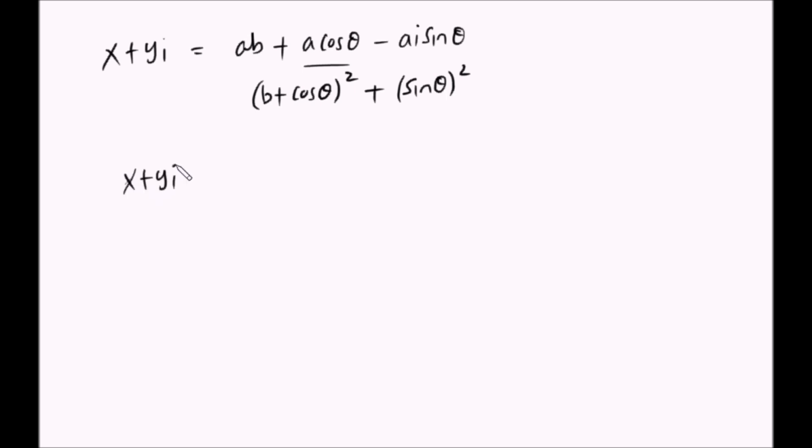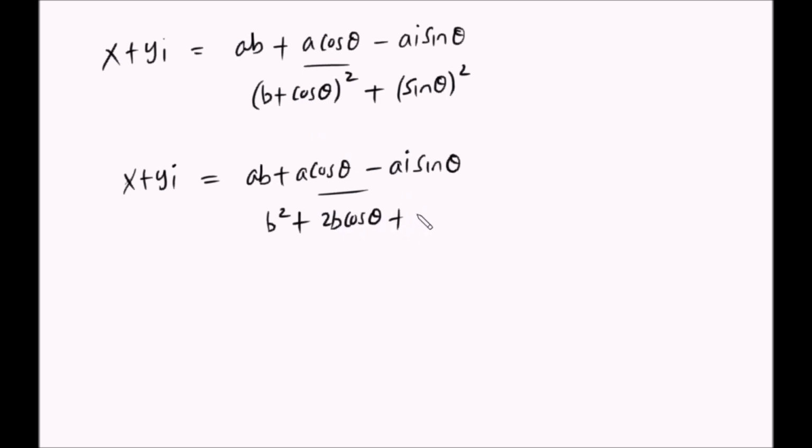X plus yi is going to be equal to ab plus a cos theta minus ai sin theta over, this one now is just b squared plus 2b cos theta plus cos square theta. So let me expand this b plus cos theta squared and I get this. So don't forget this plus sin square theta.